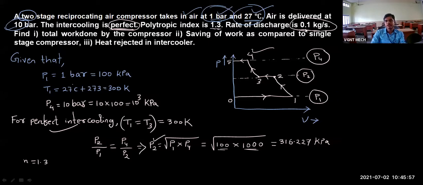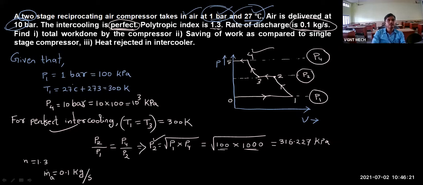Okay, so 0.1 kg per second is the mass flow rate. So the mass flow rate of air equals 0.1 kg per second. It is not MF, actually it is MA, the mass flow rate of air.